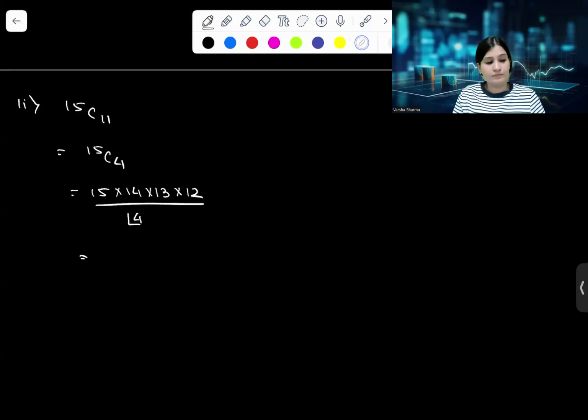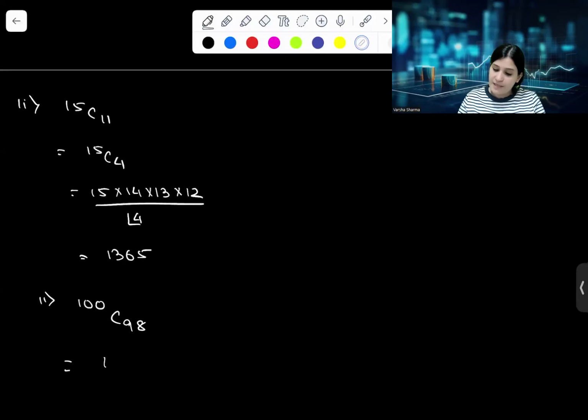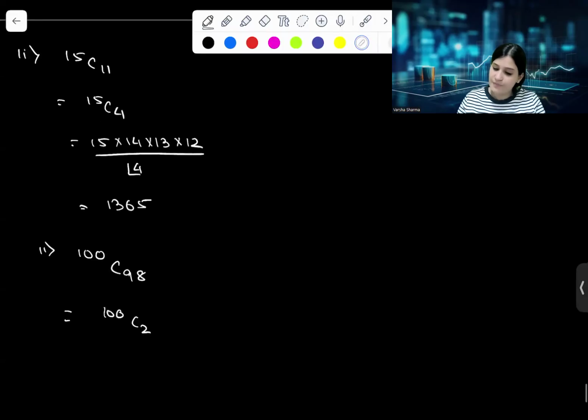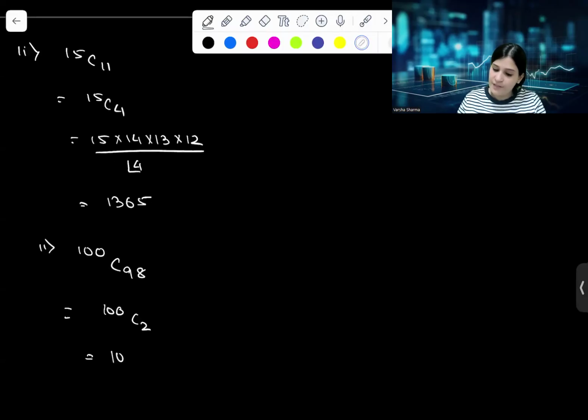Answer 1365. Second, 100C98, same as 100C2. So 100 into 99 by factorial 2. Answer 4950. Very good.